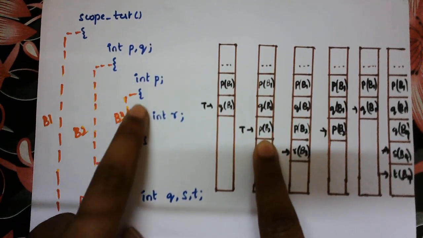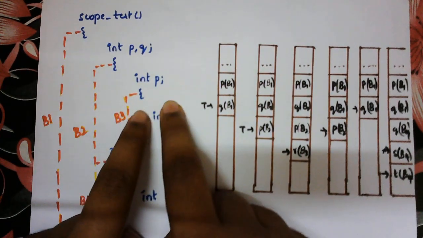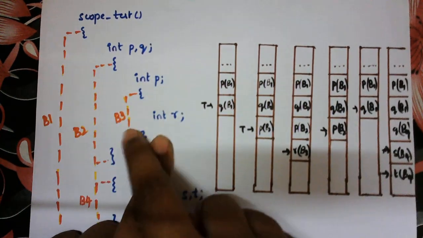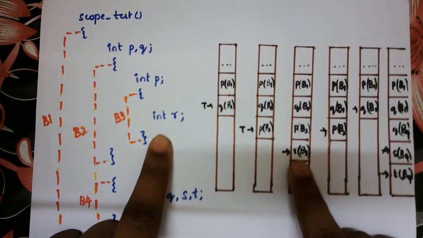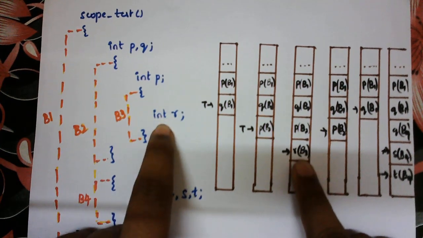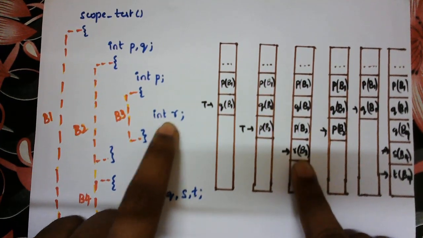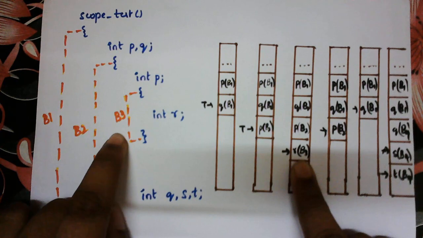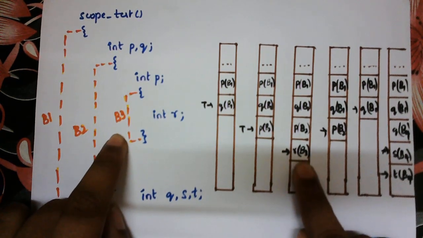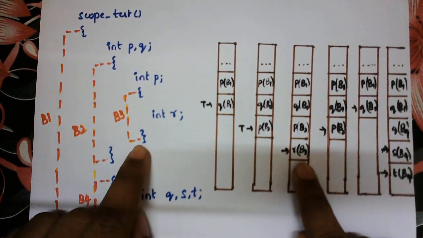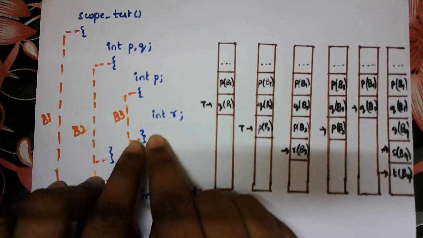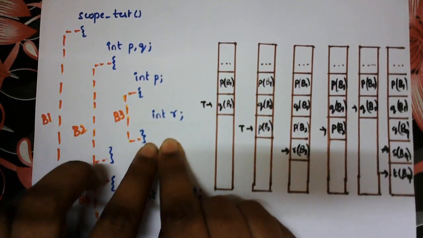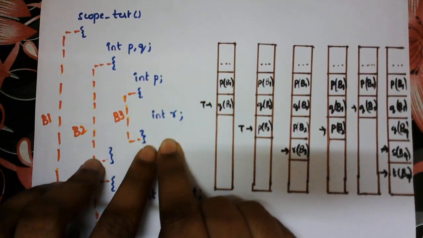And when we open the next brace, now we will push R of B3 as R is declared in B3. Now R of B3 will become the top of the stack and we can only access R of B3 when we are here, because R is a local variable for B3. When we come here, we are coming out of the scope of B3, so we are coming out of the procedure B3.